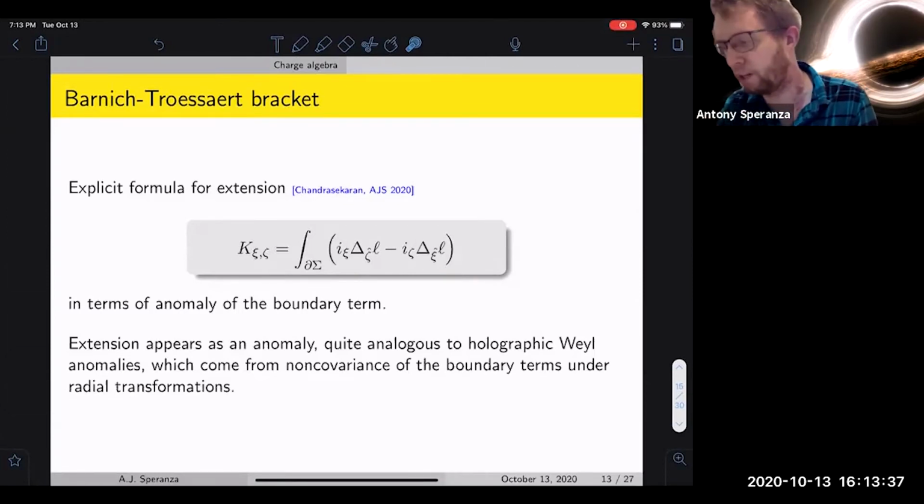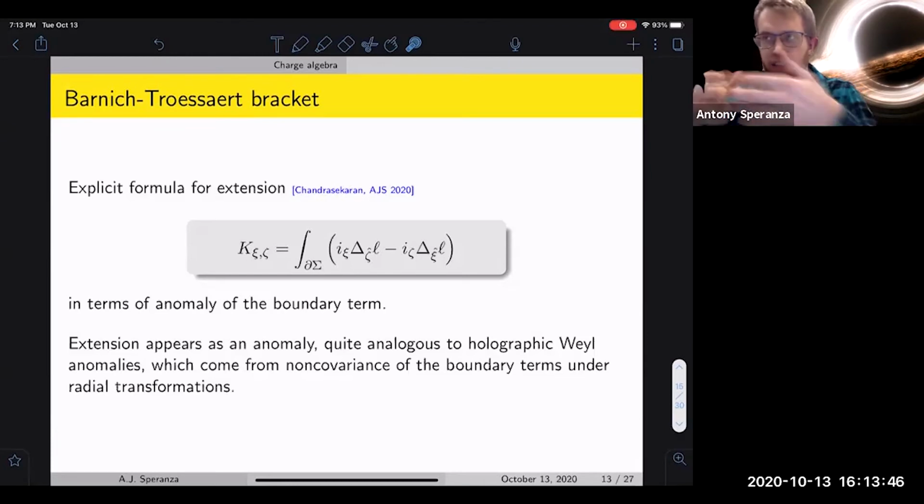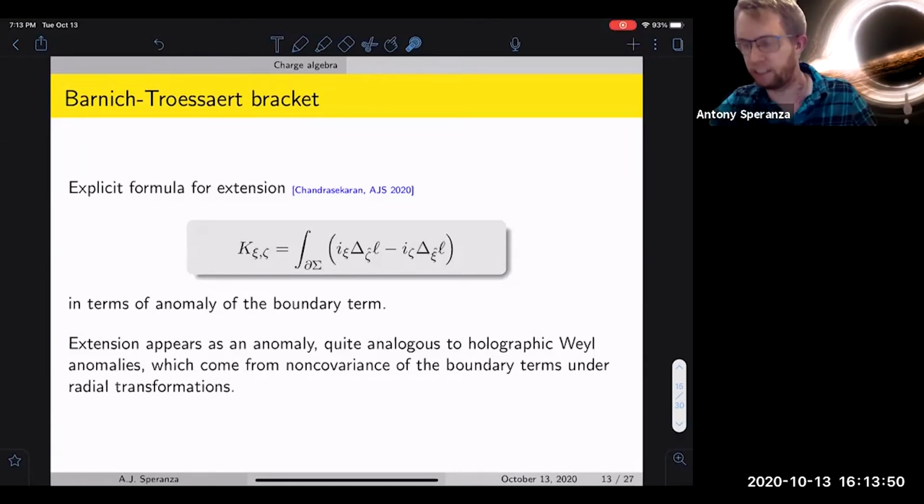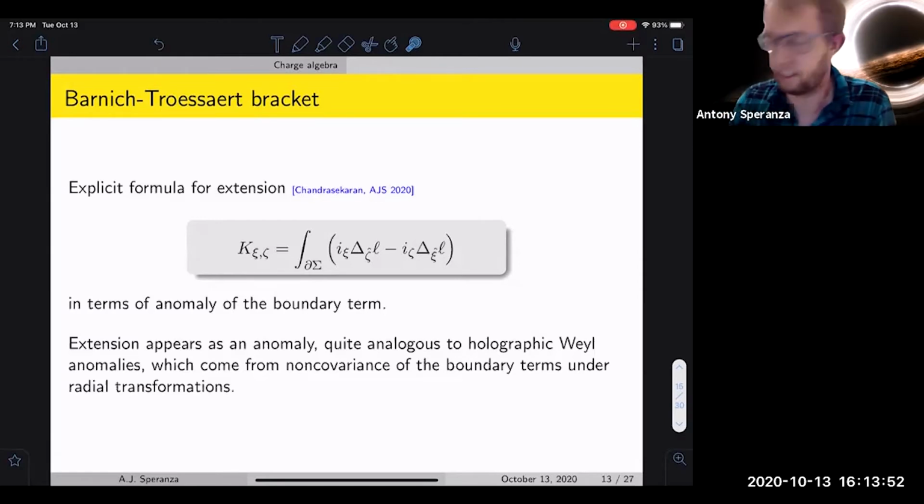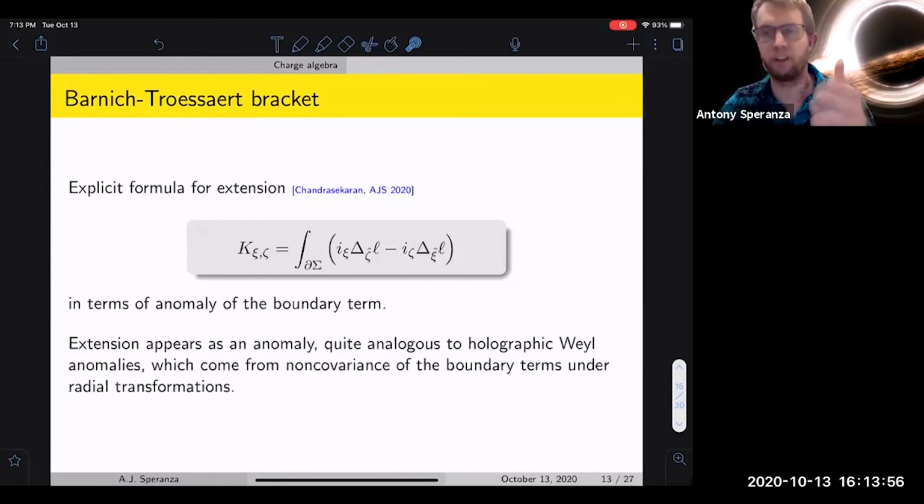a non-covariant boundary term. And this brings the analogy to holographic Weyl anomalies to the forefront, because there you're considering a slightly different setup where you're writing down a radial cutoff in asymptotically AdS. Then you have to start writing down boundary terms as ways of doing holographic renormalization.